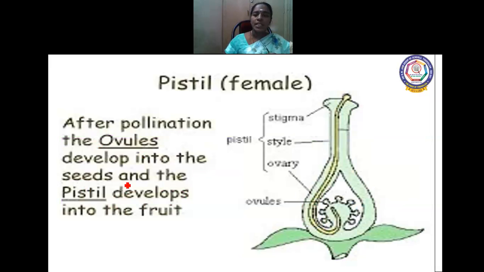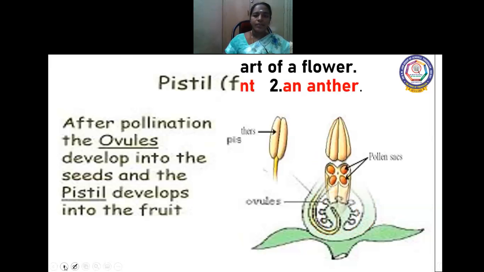After pollination, the ovules develop into seeds and the ovary develops into fruit. So this ovule part becomes seeds and this ovary part becomes fruit. And this is style and stigma, the female part of the flower.